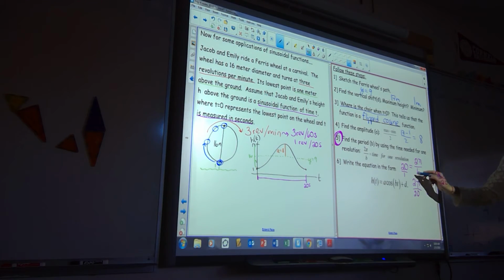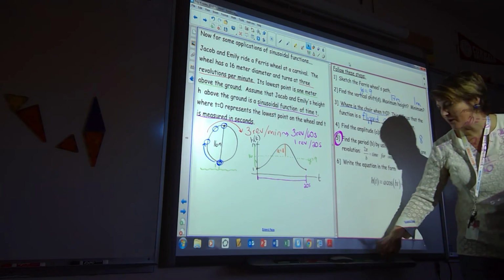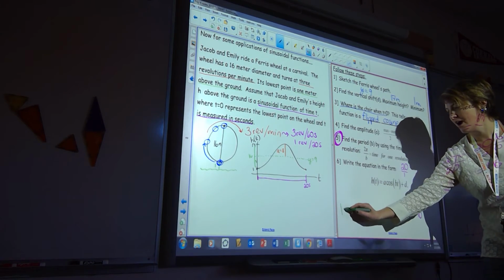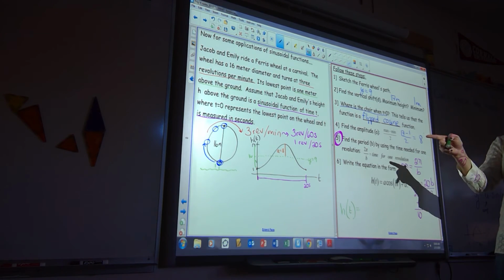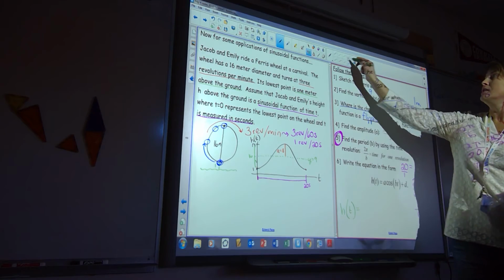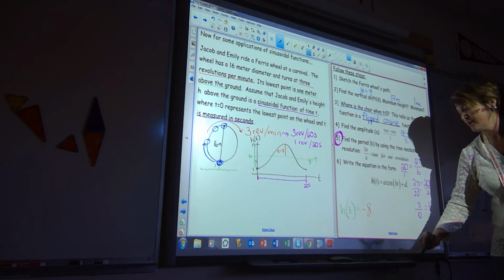2 pi equals 20b. Divide by the 20. And we're going to get pi over 10 is equal to B. That is a little weird. You will find that in these particular situations, your B value is not just like a 2 or a 4. It may very well have pi in it. So I think we can write our equation. Our height at any time t would be, our amplitude was 8, but this was flipped, so negative 8.